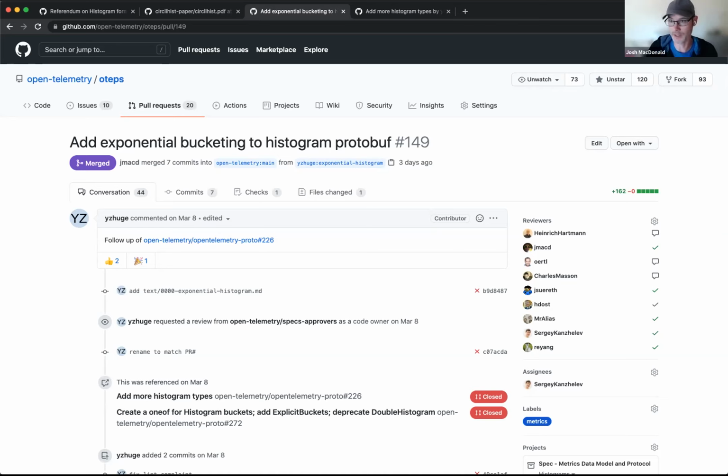But Heinrich was coming in as a neutral party, saying, I don't care what we do, but we want histograms for our users. So Heinrich's surprisingly neutral, given that he's one of the authors of Open Histogram. The biggest claim that the author of Open Histogram came into this room saying is that if you have parameterization and it allows you to have arbitrary boundaries, we are going to end up in a world where histograms get converted from one format to another as they transfer from one protocol to another.